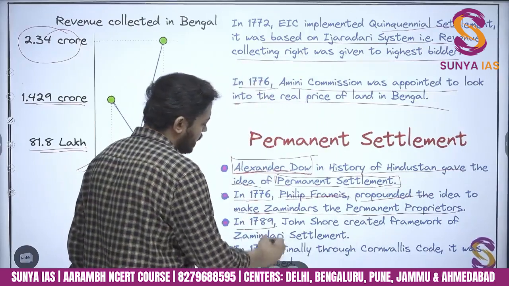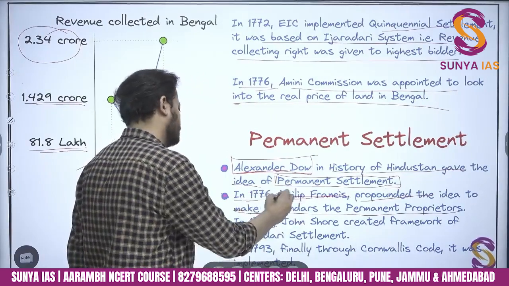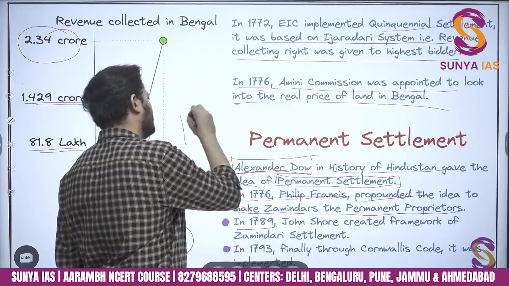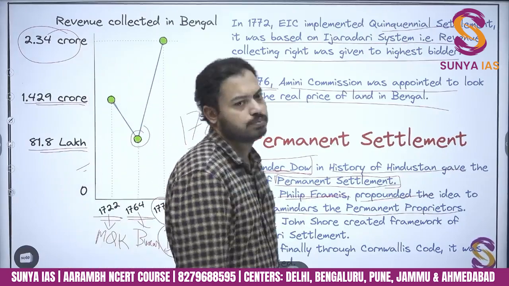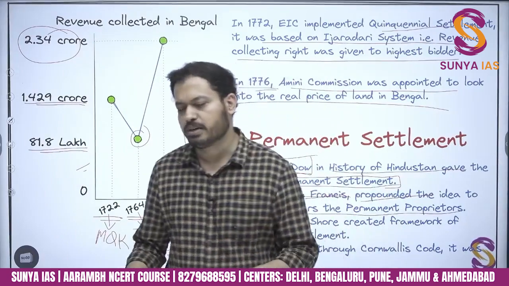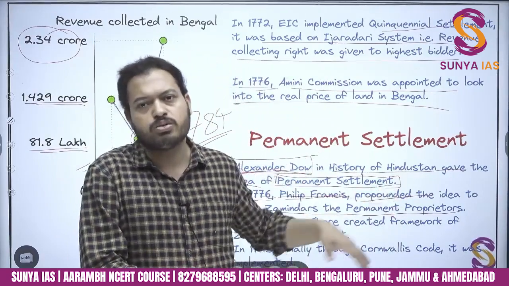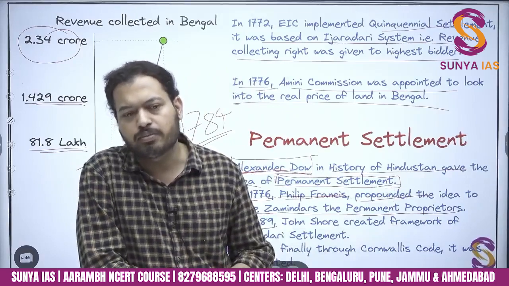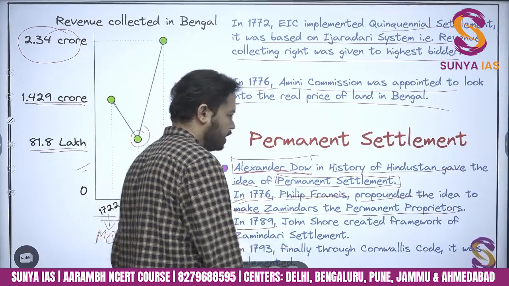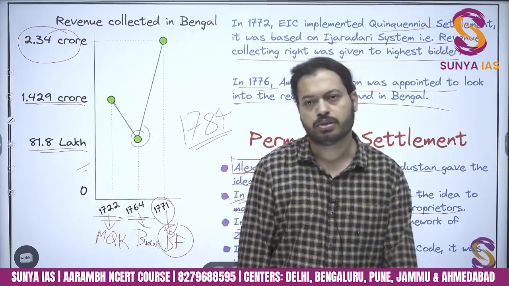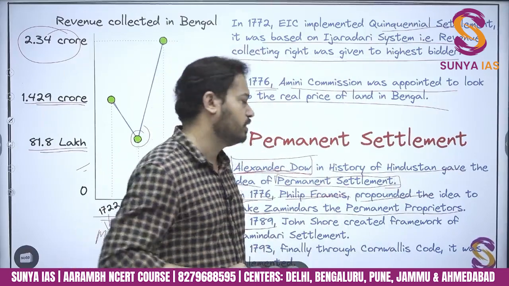Then, what happened after 1776? In 1784, after Pitt's India Act, William Pitt, the British Prime Minister, wrote a minute to the Calcutta Council and told them that this idea given by Philip Francis is a good idea, and you should develop a system based on this, that you make the zamindars the proprietors of the land in India.